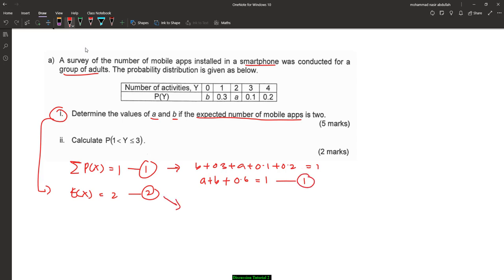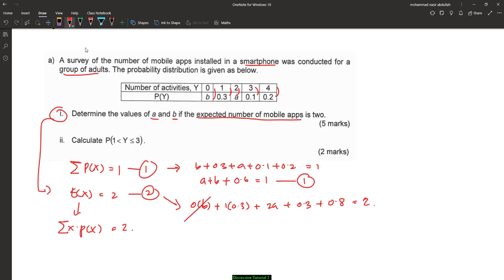For the second equation, if we expand this, it should be the summation of x multiplied with probability of x equal to 2, right? So this one should be 0 multiplied with b plus 1 multiplied with 0.3 plus 2a plus 0.3 plus 0.8. You multiply, you multiply. So this one should be equal to 2, right?